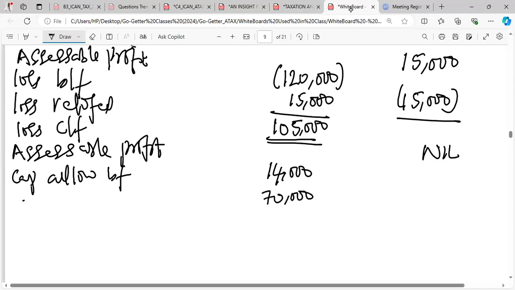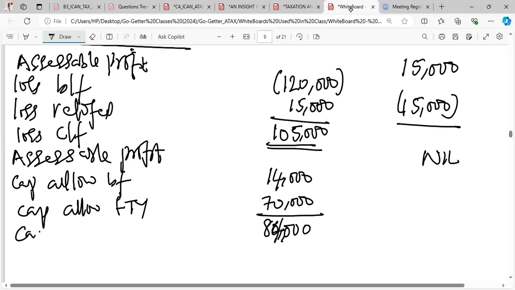Let me write the 70,000 here. So this is capital allowance for the year. You add them together, you have 84,000. So this is capital allowance claimable, 84,000.